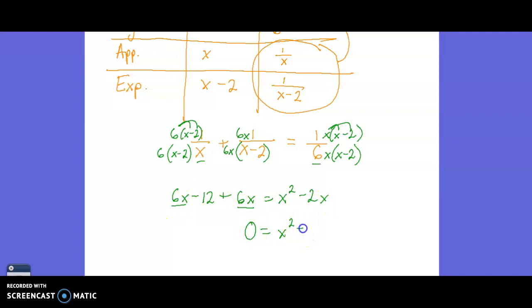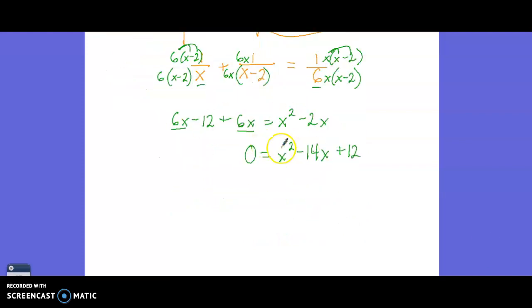When I subtract that over, it would be negative 14x. And add 12 over. And now we're ready for the quadratic formula, where x equals negative b plus or minus the square root of b squared minus 4ac all over 2a.